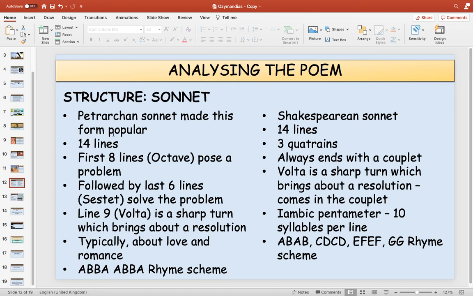So it was still 14 lines, but it was 3 quatrains, and it always ended with a couplet. So the last 2 lines would be a couplet. The volta, which was the sharp turn which brings about the resolution, would always be in the couplet. It follows an iambic pentameter, which is 10 syllables per line, and the rhyme scheme was typically A, B, A, B, C, D, C, D, E, F, E, F, G, G.